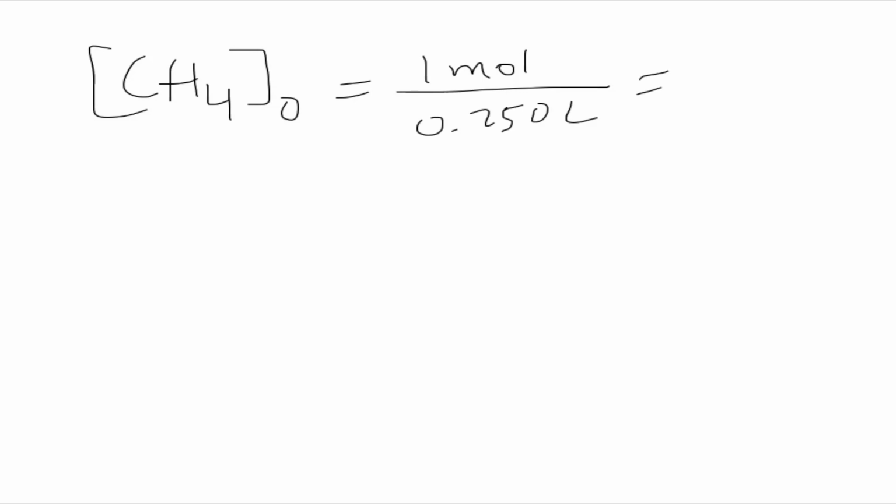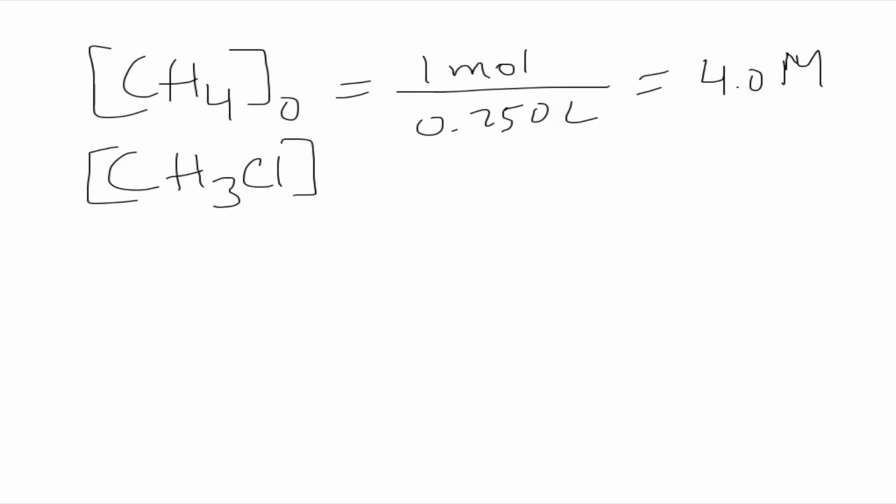So that would be equal to 4.0 molar. Now, because chloromethane also has 1 mole, the number of moles doesn't change, the volume doesn't change, meaning that will be the same for chloromethane. We could just go ahead and write 4.